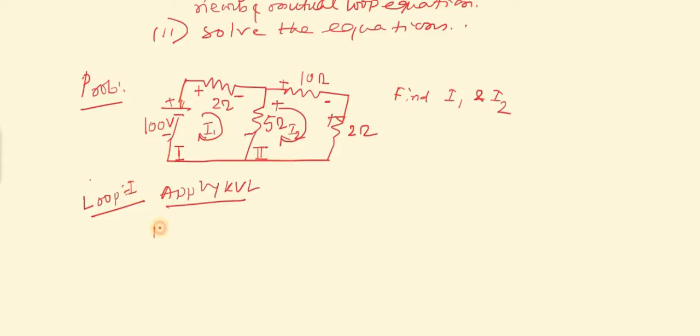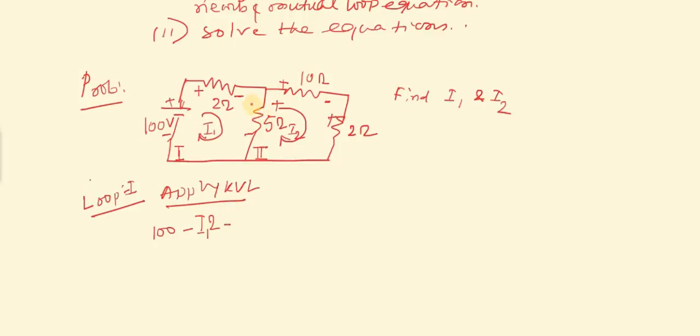We have 100 minus... since we are traversing like this, it comes negative. So the voltage is equal to I1 into the resistance, the voltage drop.